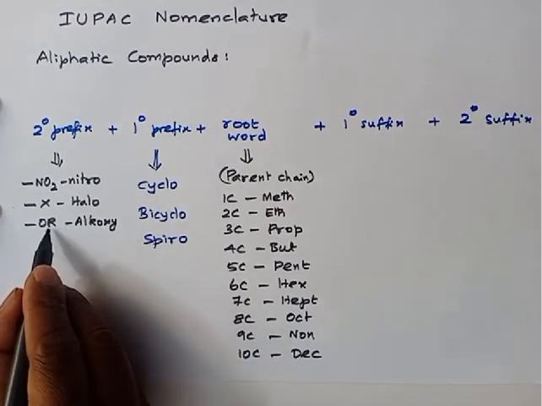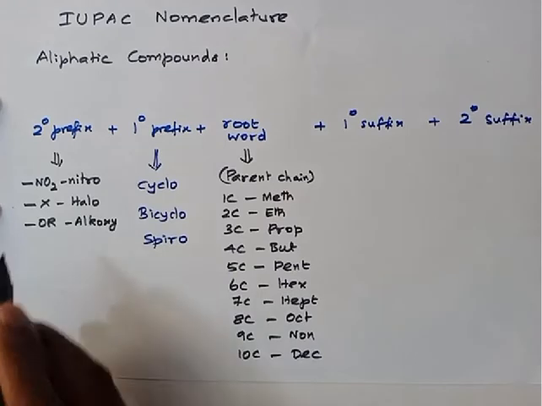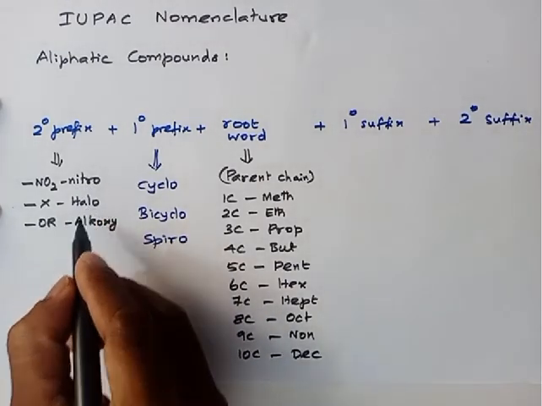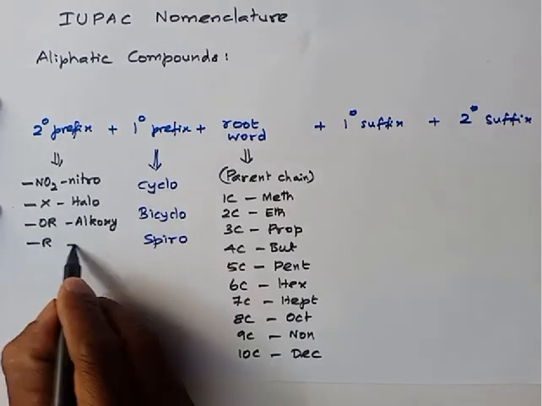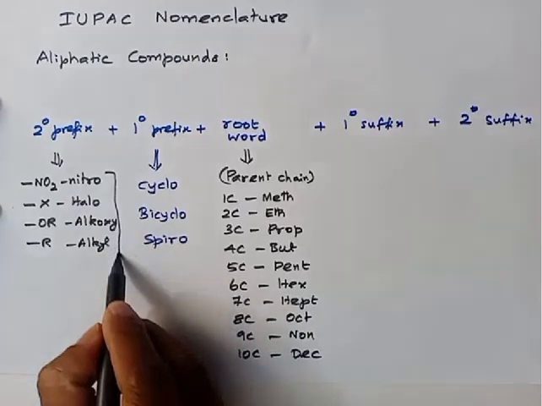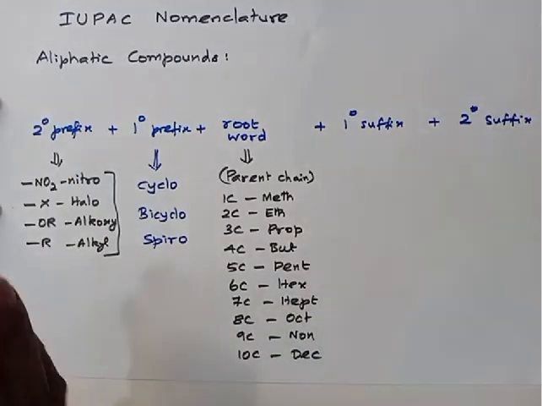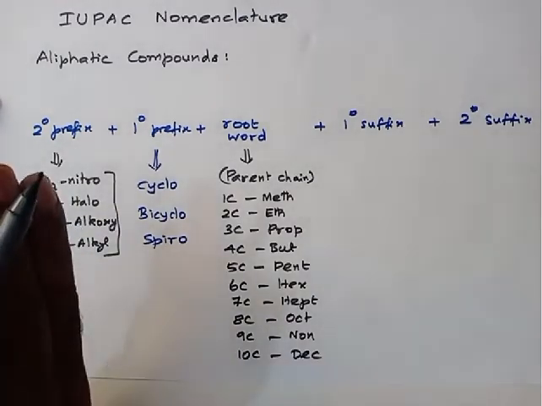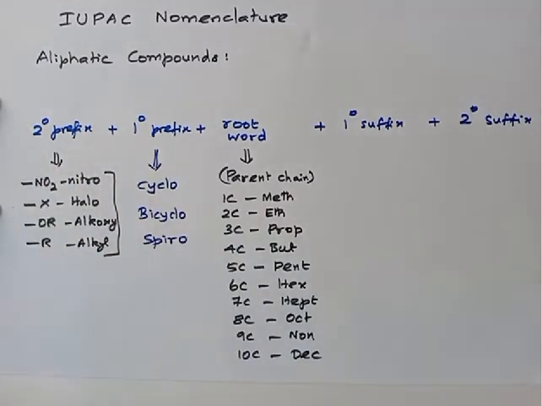If R is methyl, we call it methoxy. If R is ethyl, ethoxy. Nitro, halo, alkoxy, then alkyl groups. These four always come in the secondary prefix. I repeat, these four groups should always be named in the secondary prefix.